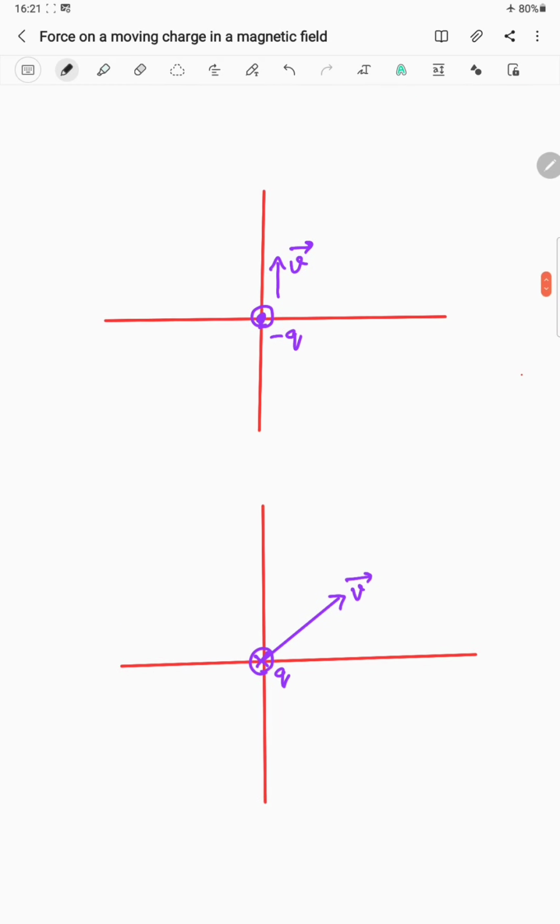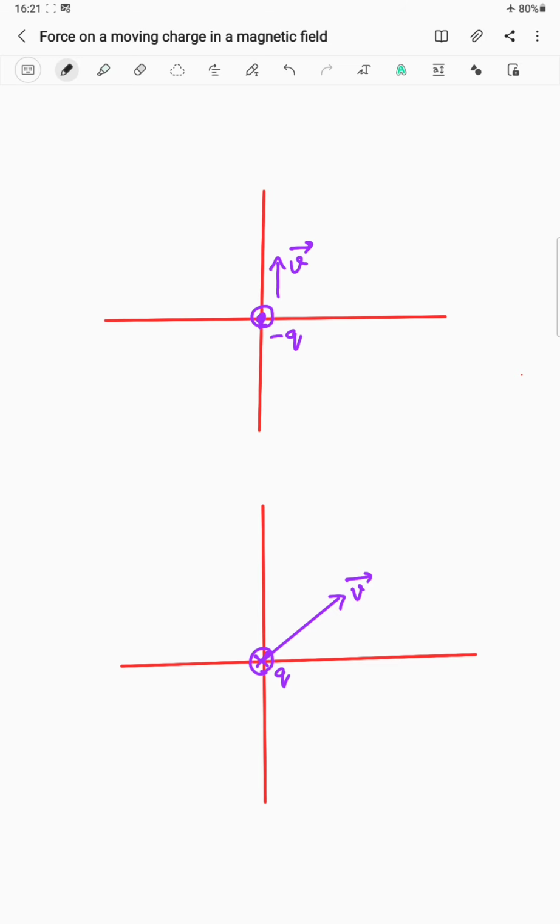In this first case, a minus Q charge is given to you, and the velocity of the particle is upwards. The magnetic field given at the center is a dot, which represents field lines moving away from the plane of the paper.